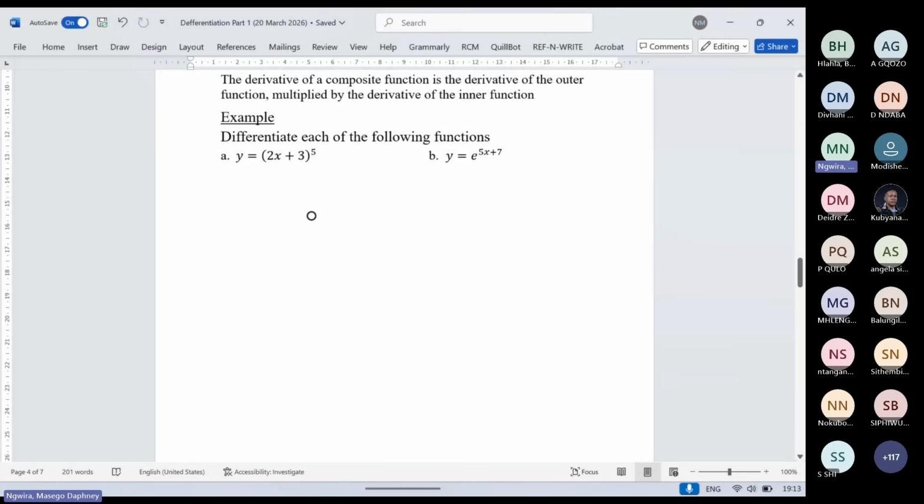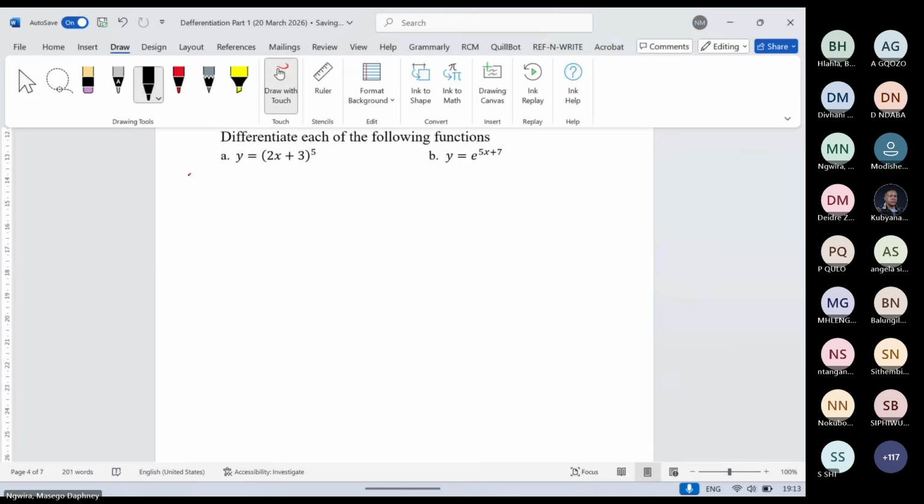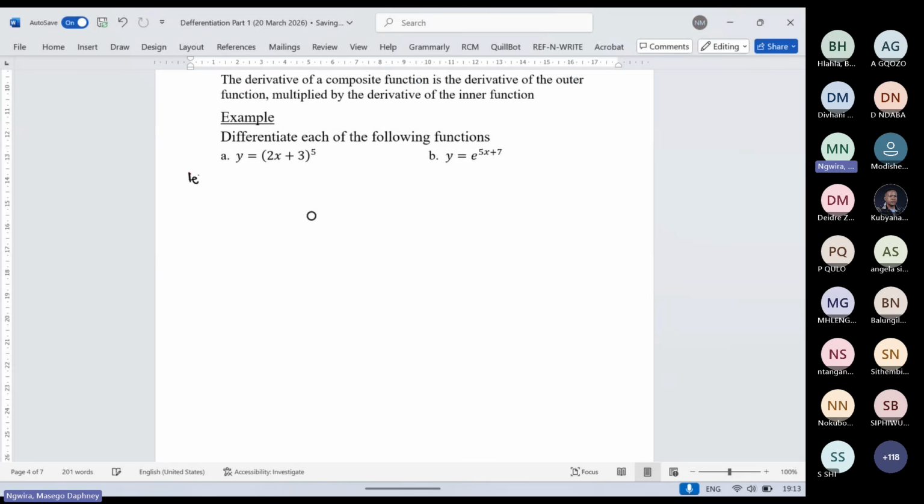When I'm given a function like this, I'm going to start with my inner. So my inner in this case, I'm going to say let u, we always use u, let u be 2x plus 3, because here I have what we call a composite function. So I'm going to let u equal 2x plus 3.